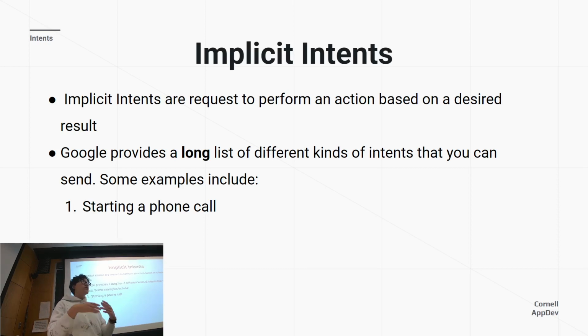You can use an implicit intent to request that another capable app show that location. Actually, that's not a particularly good example.